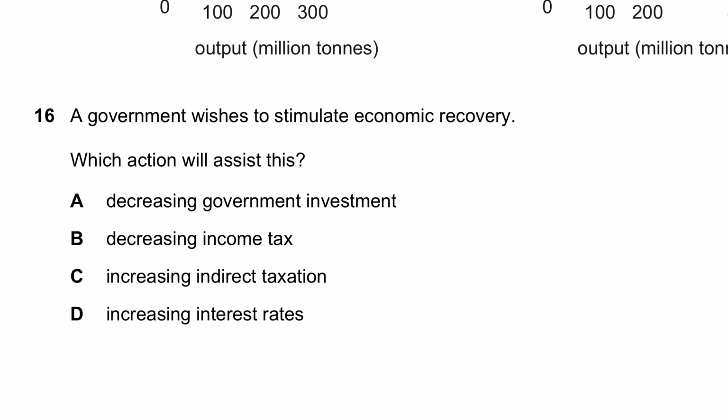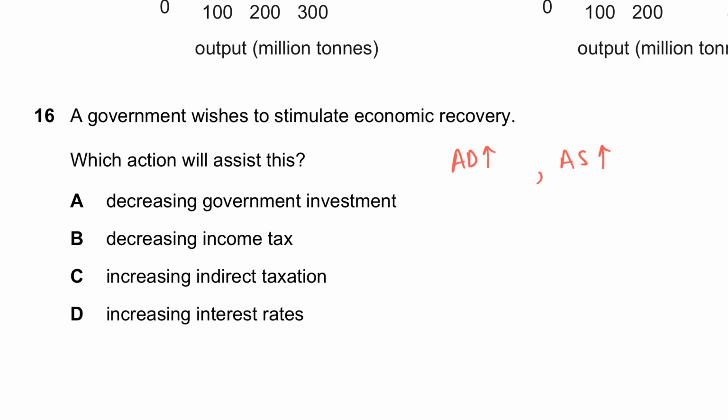In the next question, it says the government wishes to stimulate economic recovery. Which actions will assist this? Well, if the government wants to increase economic recovery, there are two ways they can go about it. Either they can make the aggregate demand of the economy go up, or make the aggregate supply of the economy go up.